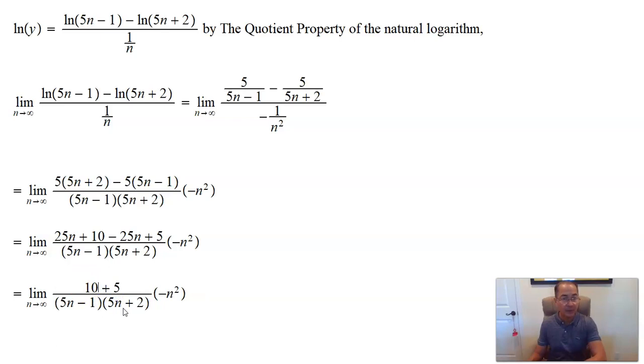So you have 10 plus 5, 15 times minus n squared. So we're going to get negative 15n squared in the numerator, and 5n minus 1, 5n plus 2 in the denominator. So we're going to get negative 15 over 25, because we have a 25n squared down there.